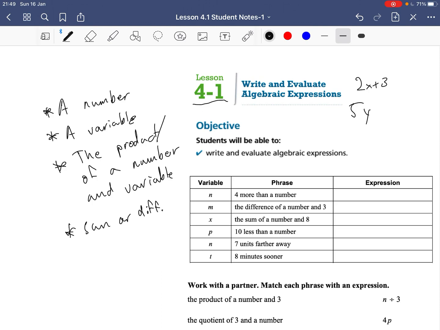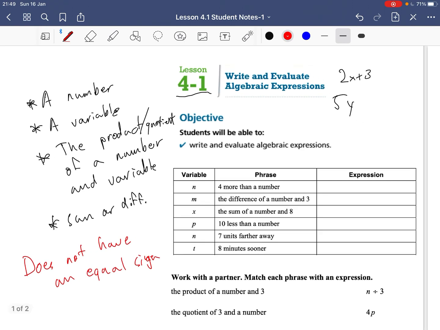So I should say product or quotient. Basically, an expression is anything that does not, so this is the key here, does not have an equal sign, okay?